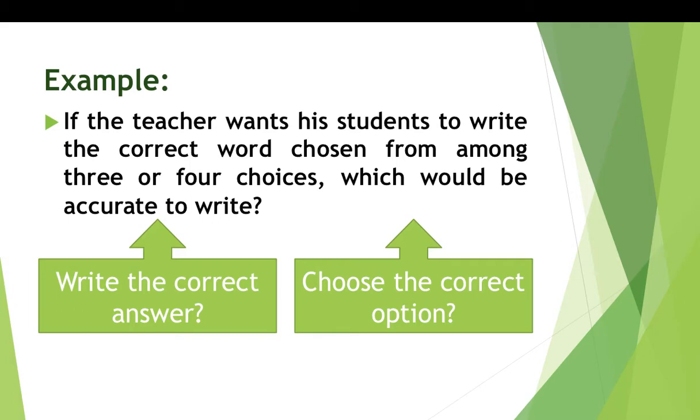Now, if we take an example about the clarity of direction, if the teacher wants his or her students to write the correct word chosen from among 3 or 4 choices, MCQ items, which would be accurate to write: write the correct answer or choose the correct answer?